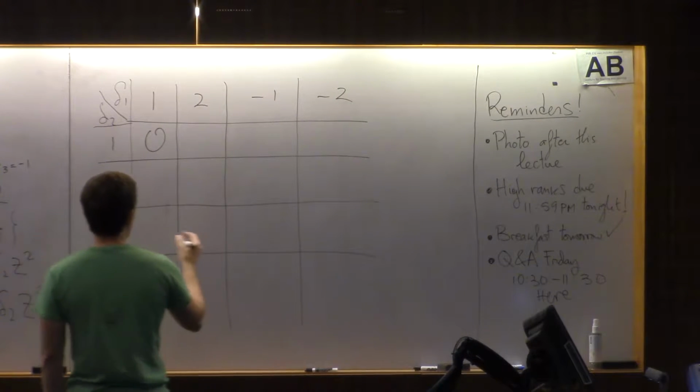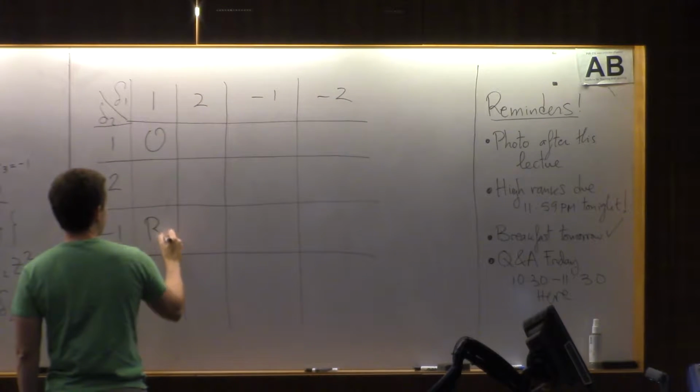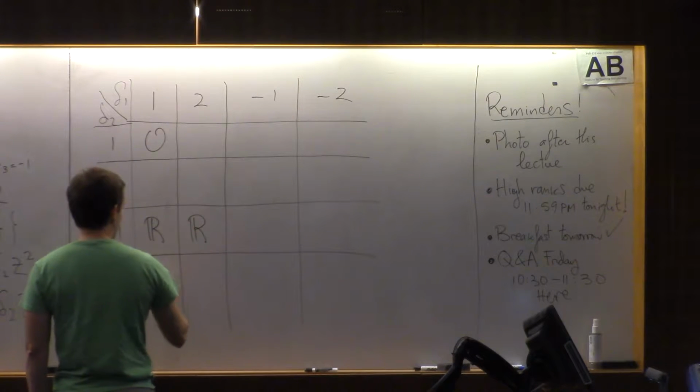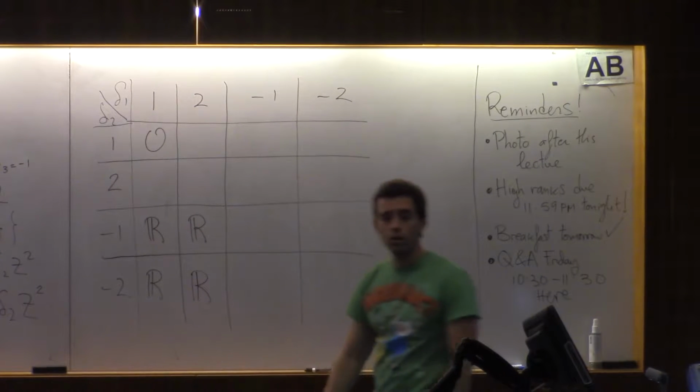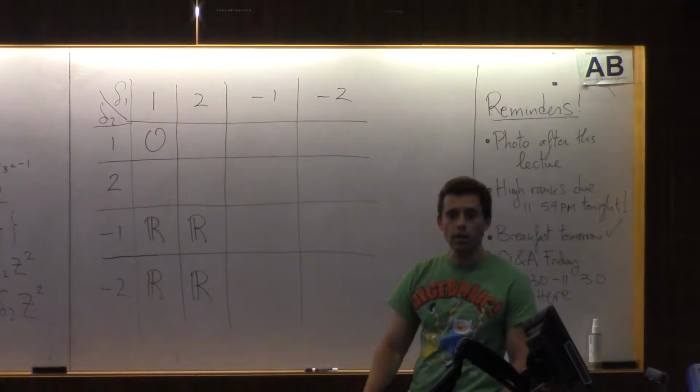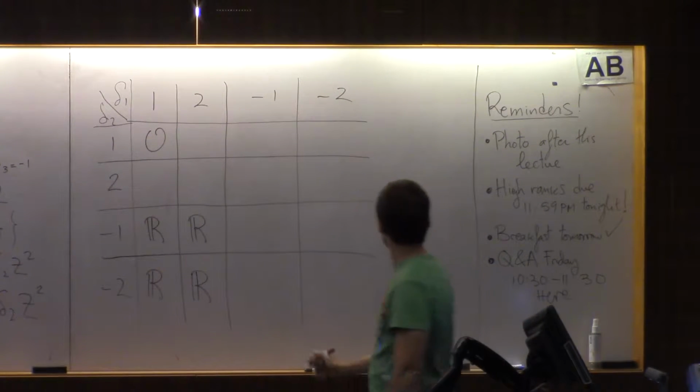Okay? So I'm going to write what the problem is. I'm going to say that over the reals there are no solutions, and I'm going to put an R there to mark that.